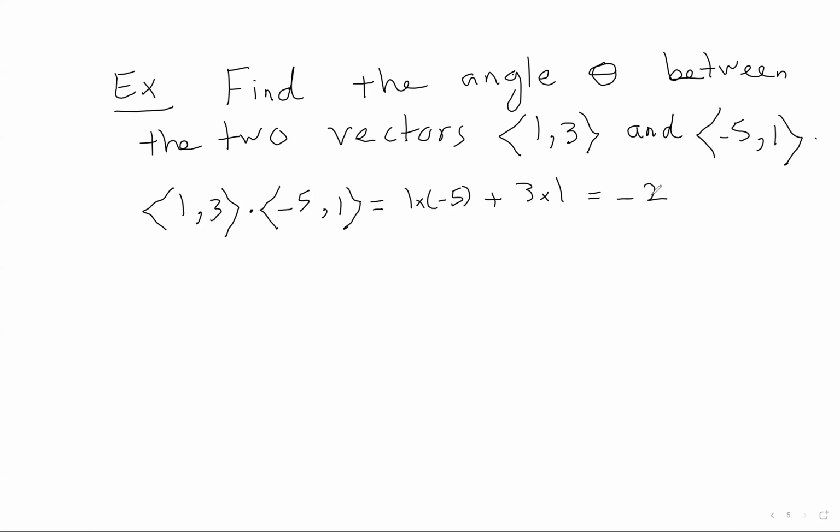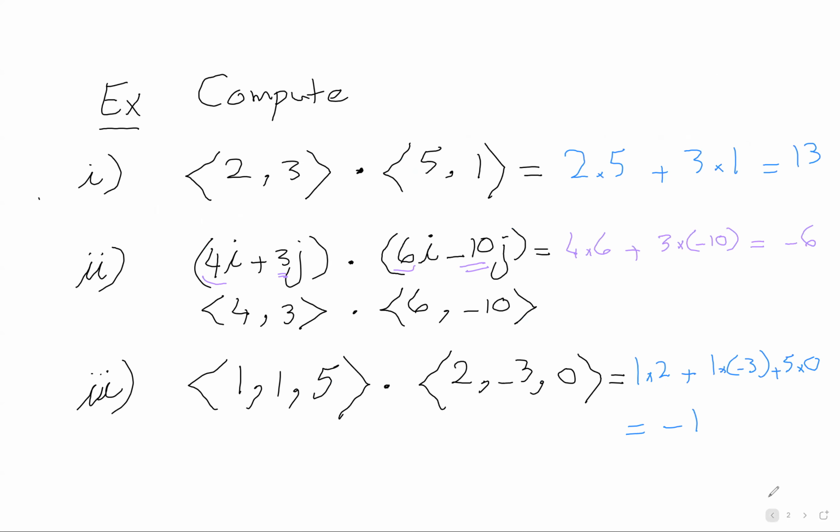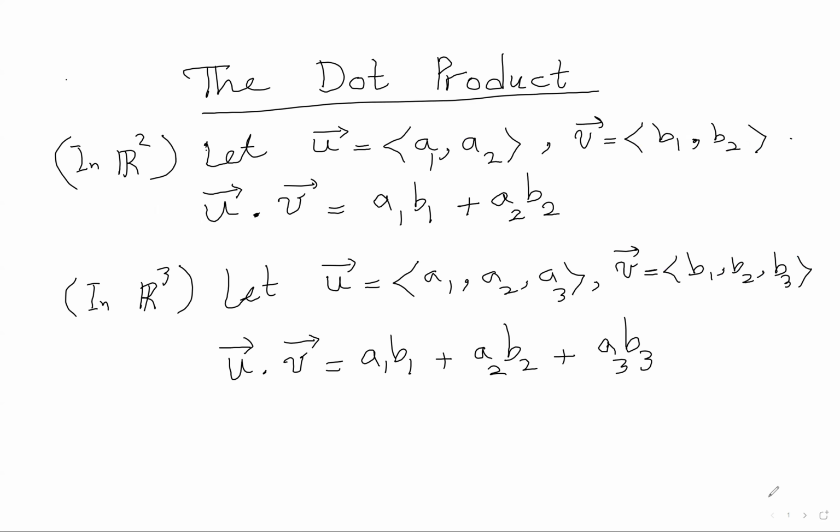This dot product was calculated by using the very first definition that we had on the top in R2. If u has 2 coordinates, v has 2 coordinates, that's how the dot product is defined.